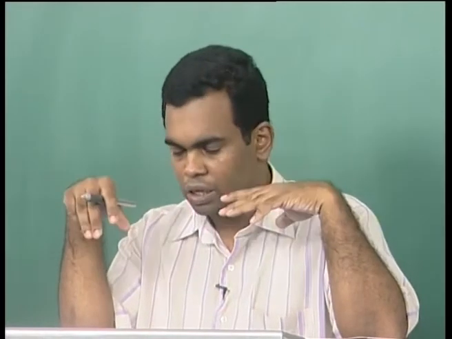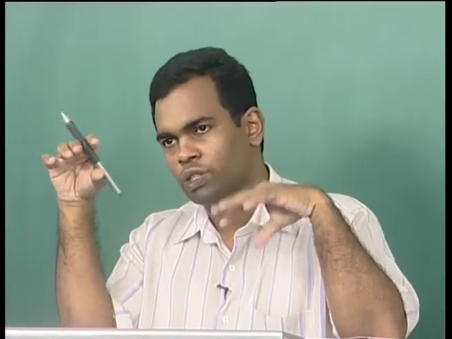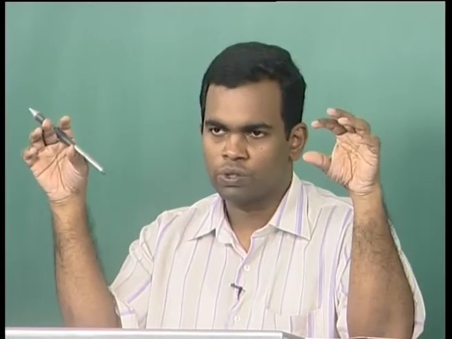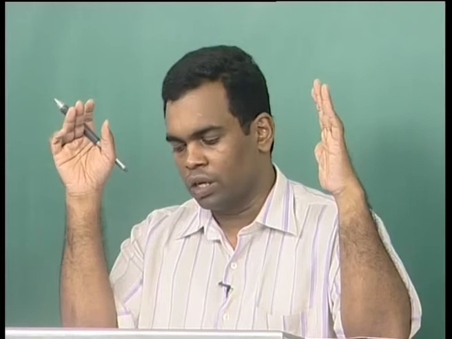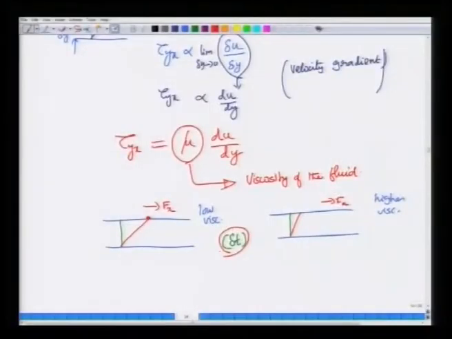Whereas in a fluid, if you take two different fluids, one with very high viscosity and the other with low viscosity, and apply the same amount of stress, the rate at which the fluid deforms will be different, which, if you keep the time interval constant, is given by the angle delta alpha.